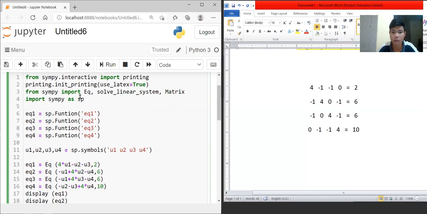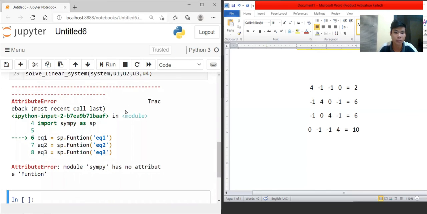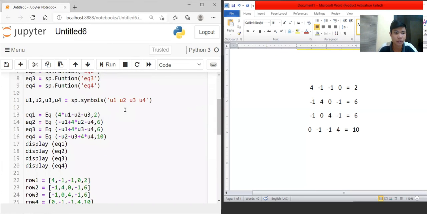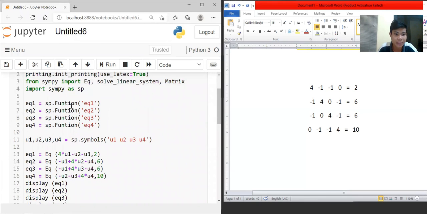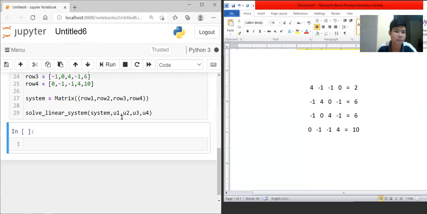Dapat pala siya ituldok. So try natin ulit siya i-run. Mali ulit, has no attribute function. This one, dapat na function. Antok na. Last na.